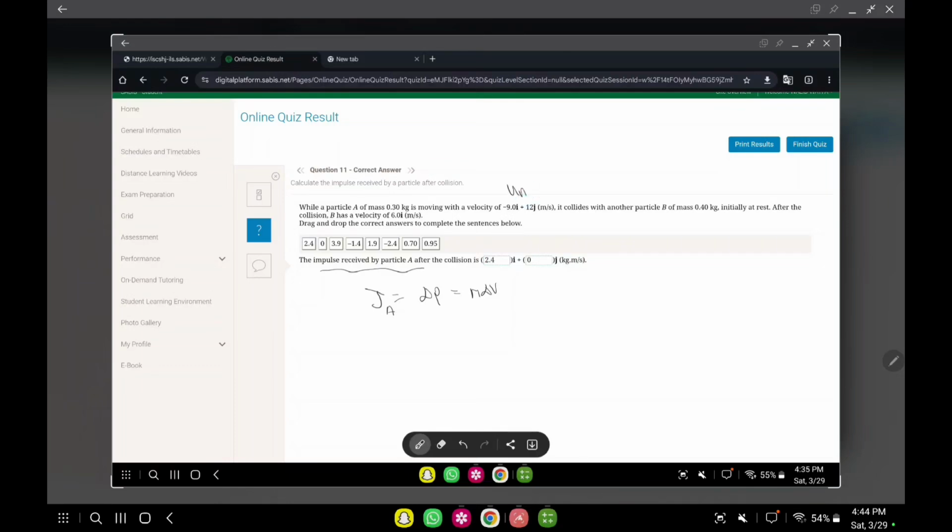They gave us UA, they gave us UB, which is 0, they gave us VB, and they told us there's a collision, but they didn't tell us VA. So obviously we're going to have to find VA. So let's do our famous collision formula: MA UA plus MB UB equals MA VA plus MB VB. Yalla.